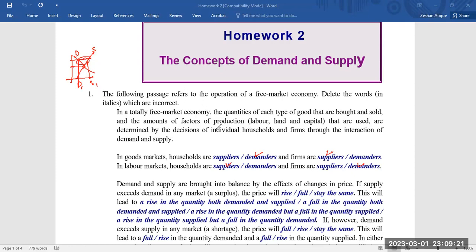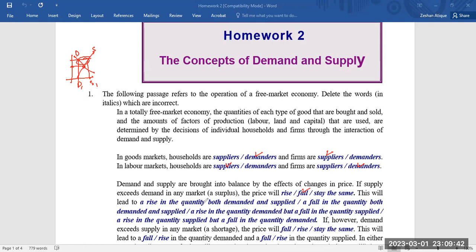So if supply exceeds demand in any market, a surplus exists, and this causes the price to fall. Neither does it rise nor stay the same, because there is more supply than demand.